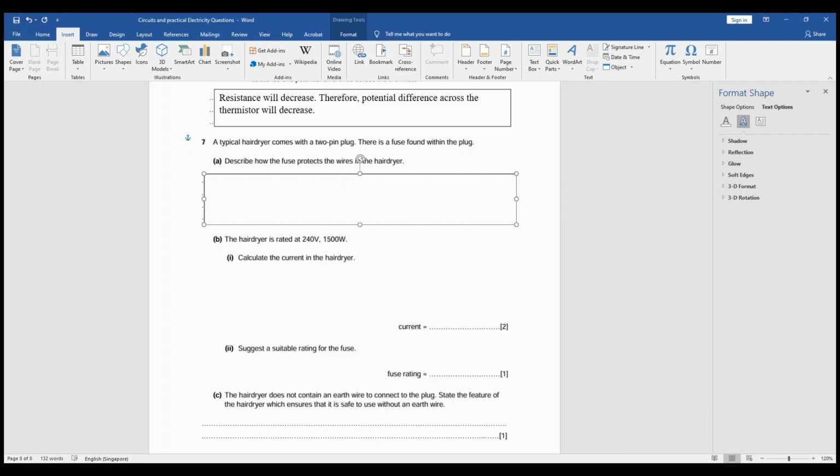So the fuse will blow when the current is above the fuse rating.